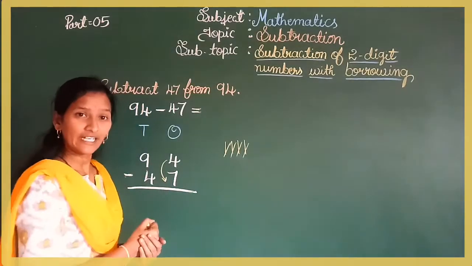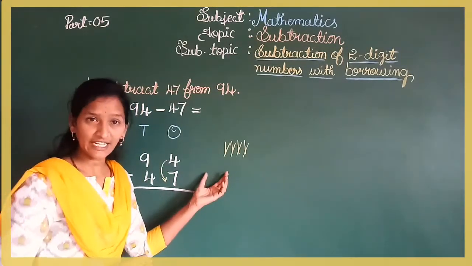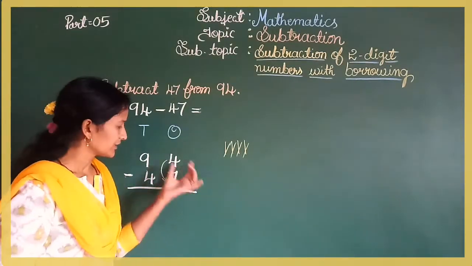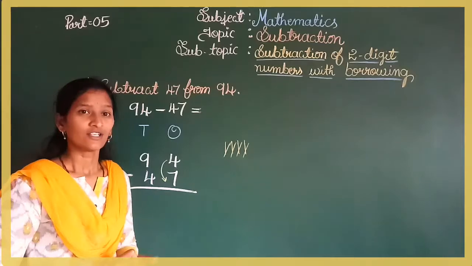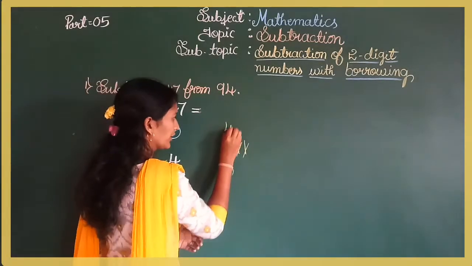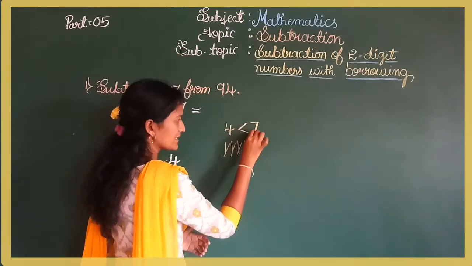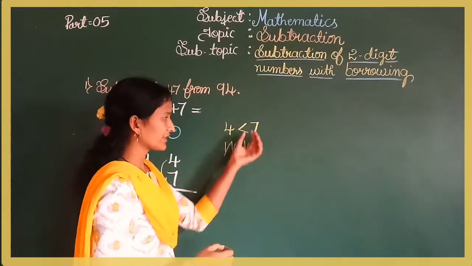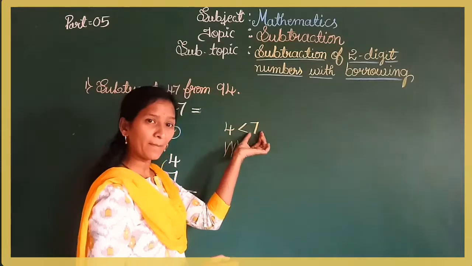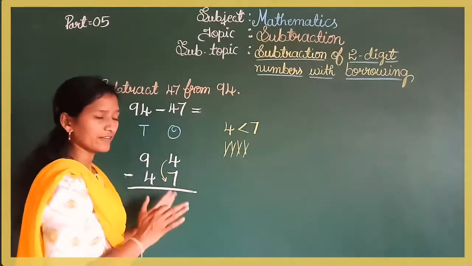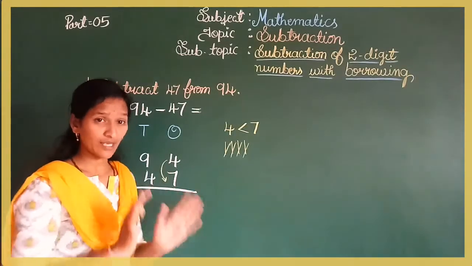Where are another 3 lines? Are there extra 3 lines? No, right? So we cannot subtract these two digits. So here 4 is less than 7, because 7 is a bigger number compared to 4, right? So it is not possible to subtract.